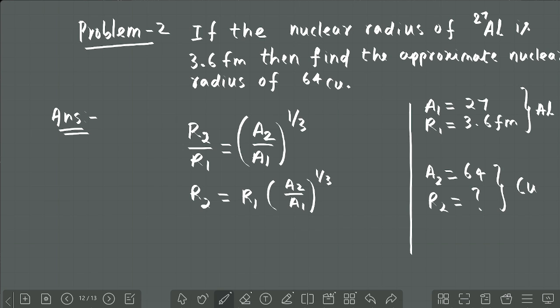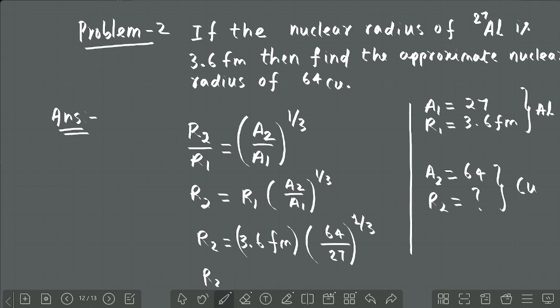Now if I calculate R2, it is 3.6 fermi into A2, which is 64, by A1, 27, to the power 1 by 3.